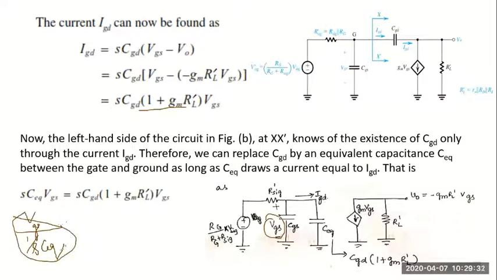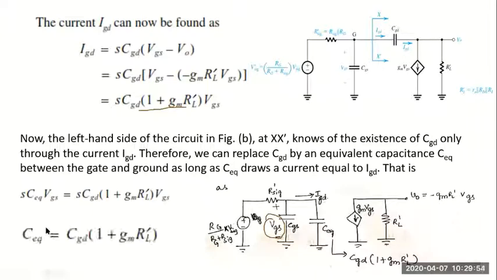When I equate both, S cancels out, VGS cancels out. So what you have now is C equivalent on the left hand side, which will be same as CGD into 1 plus GM RL dash.